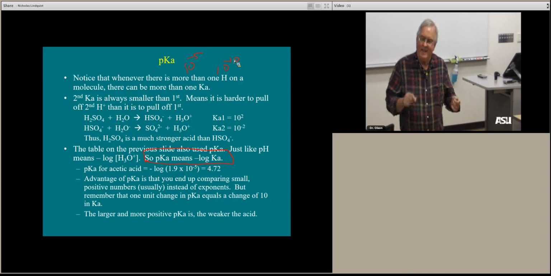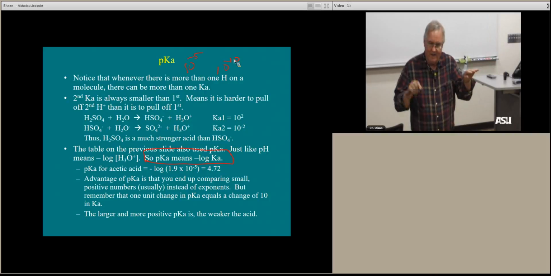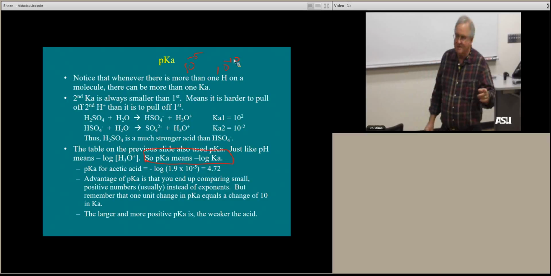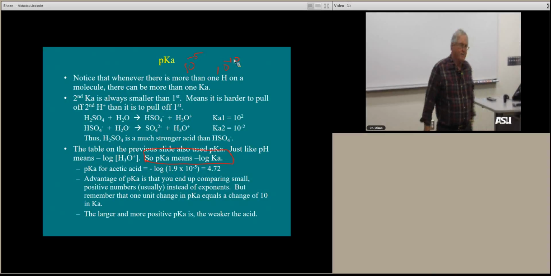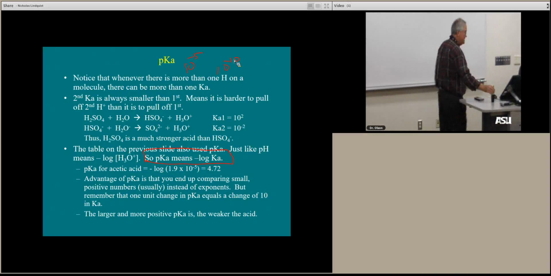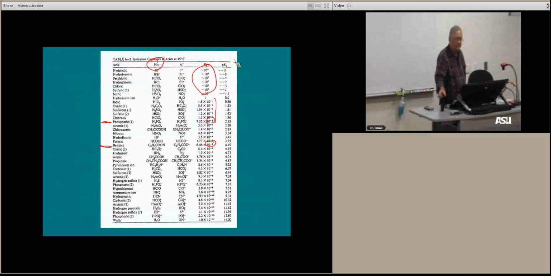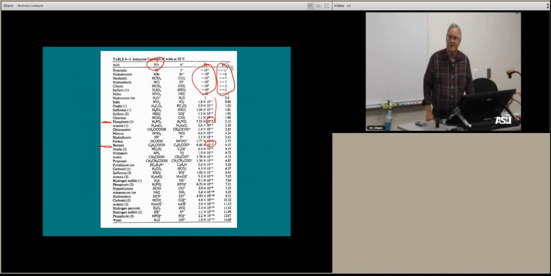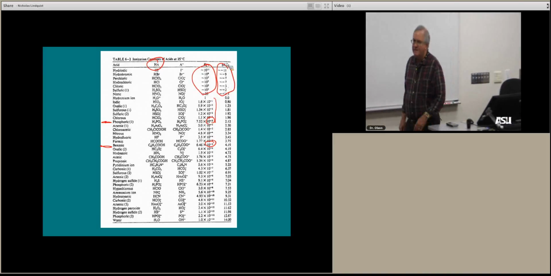But the pKa is going to be 5 versus 10. So when you're comparing pKa's, the larger and more positive the pKa, the weaker the acid. Okay? So it's a little confusing there because of that negative logarithm. If you go back and look at this table, you see that the pKa's for these very strong acids at the top are negative.